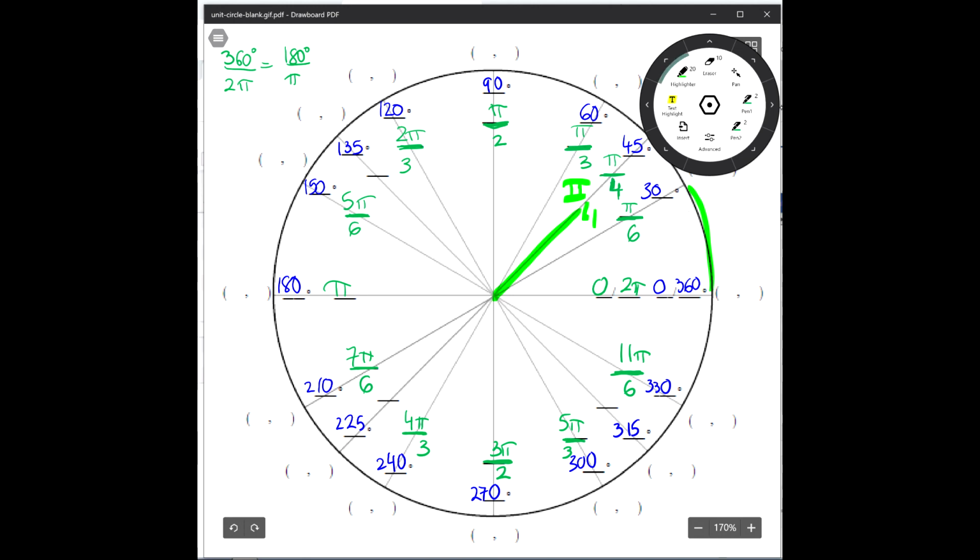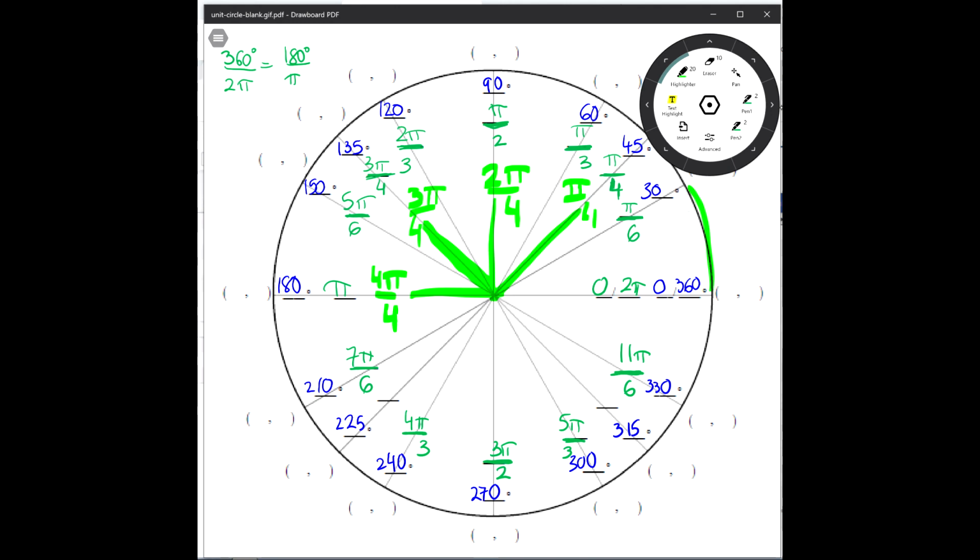If I keep going, I have 2 pi over 4, and I reduce it, I get pi over 2. Then the next chunk of 45 degrees will be right here at 135, and this one will be 3 pi over 4. Cannot reduce it, so just rewrite it as 3 pi over 4. Keep going, I get 4 pi over 4, and reduce it, I get pi.